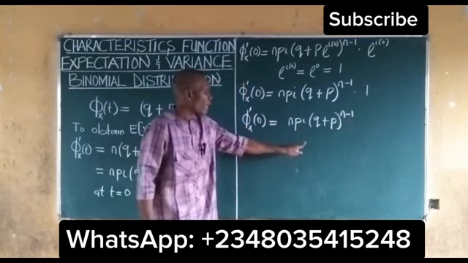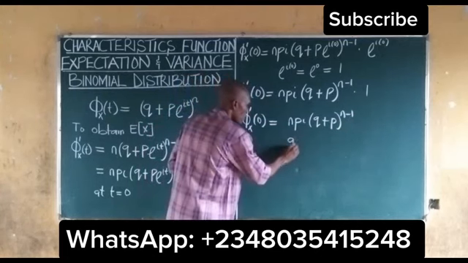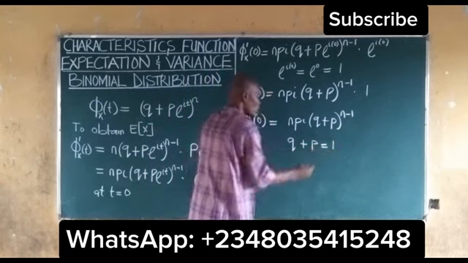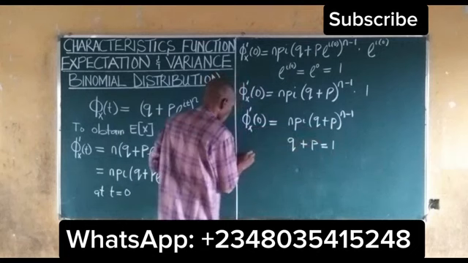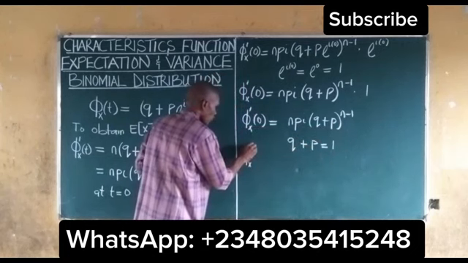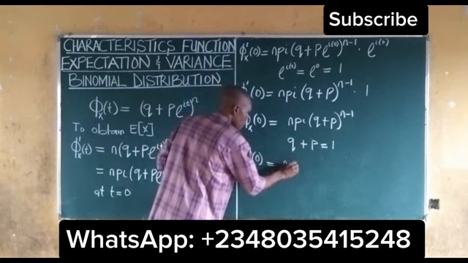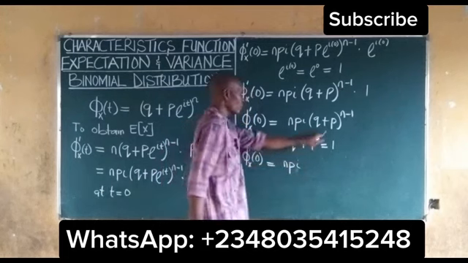And we note that from probability, the probability of success plus failure is equal to 1. So the whole of this becomes 1. So our first derivative at t equal to 0 will now be n p i, because the whole of this has turned to 1.